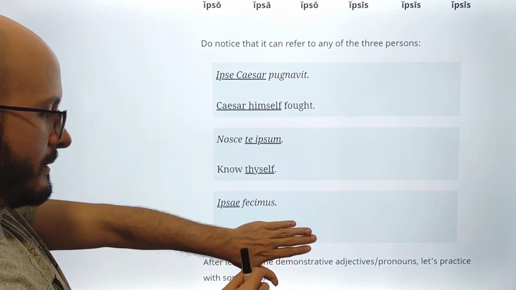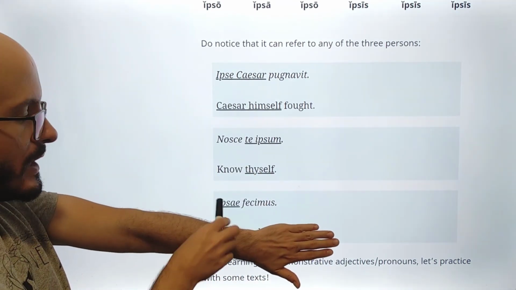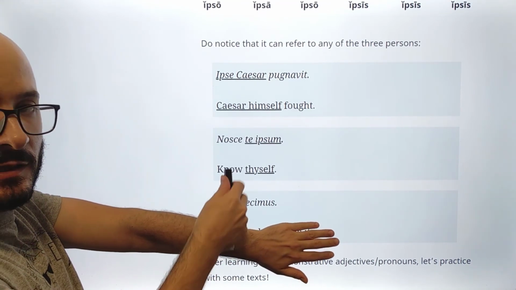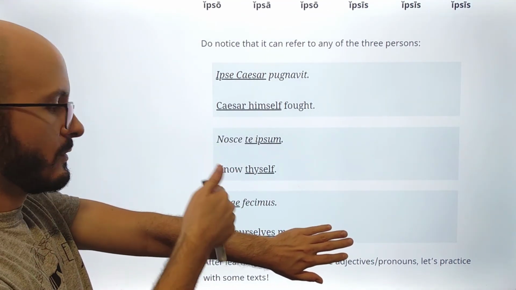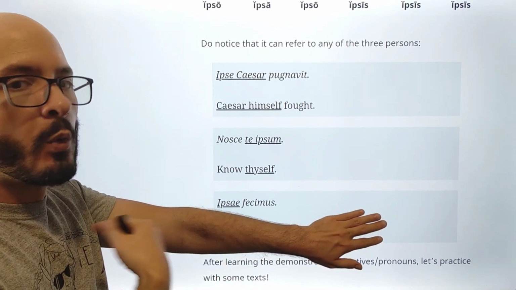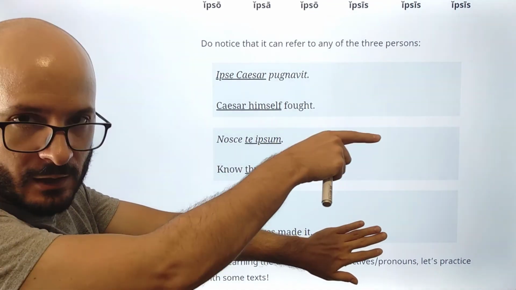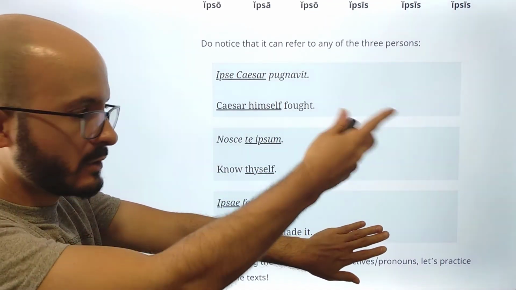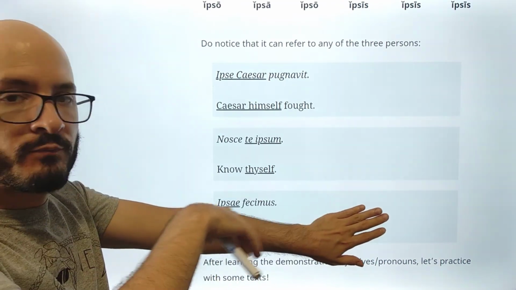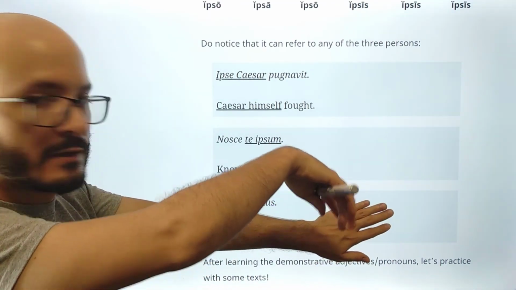So we don't have a translation, okay? So ipsae fecimus. How do we know? I mean, ipsae, we know that it is nominative, plural, feminine. But how do we know that it is we and not they women? Because that's what we would have expected, no? Like they women did it.